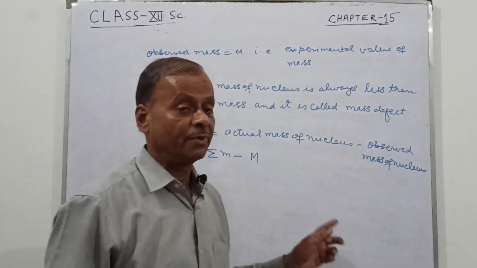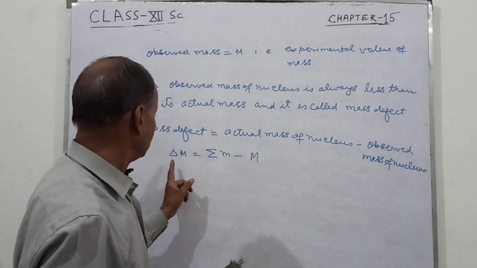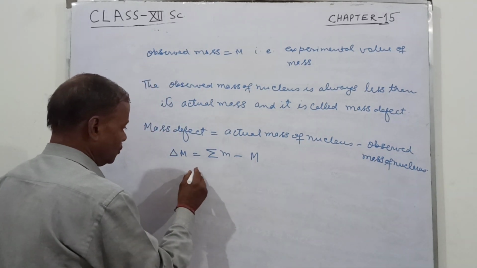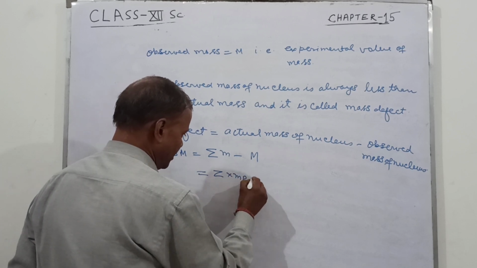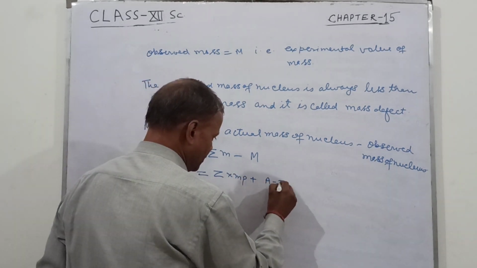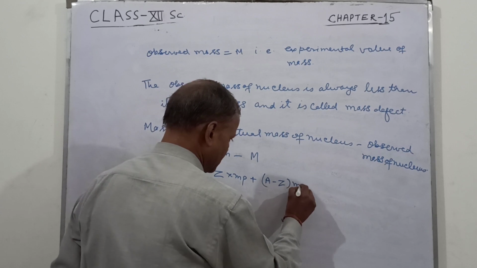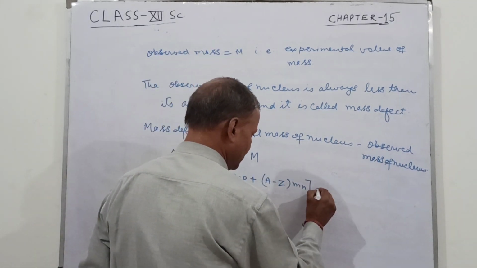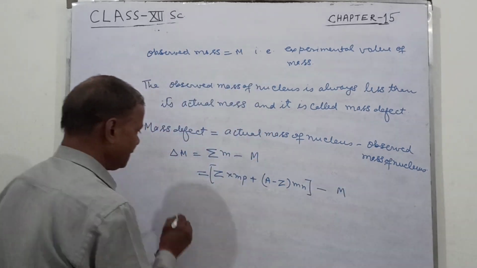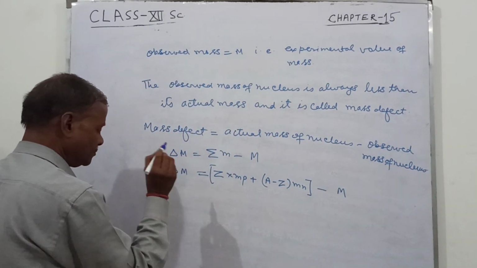So this mass difference is called the mass defect, that is Z into Mp plus (A minus Z) into Mn minus capital M. This is delta M.